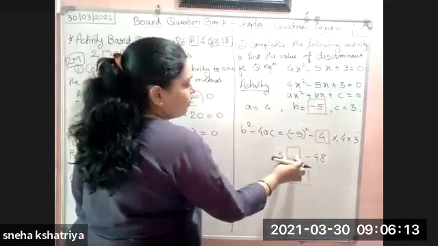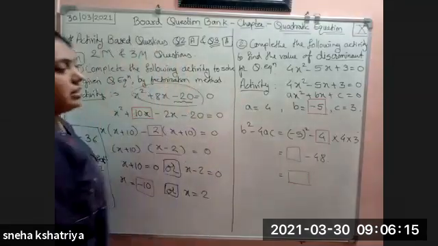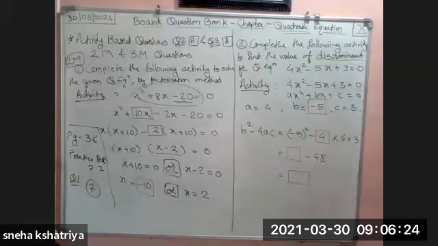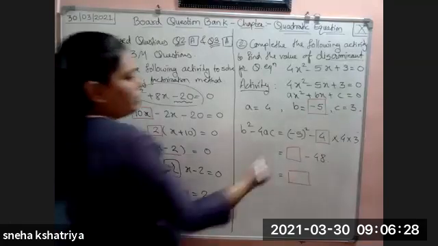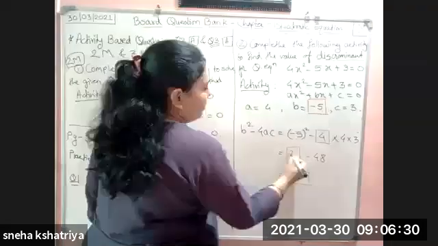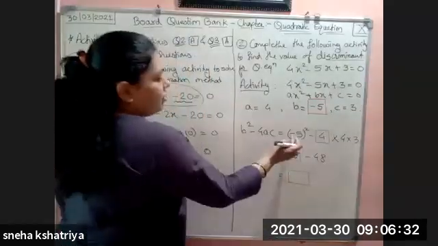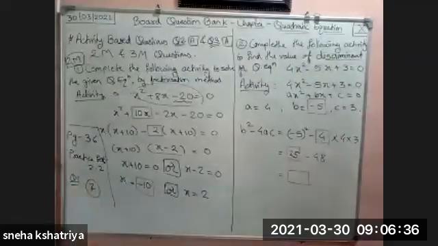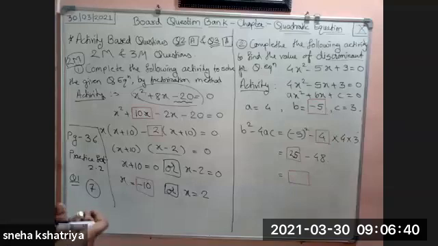Now in this box, what value will come? Minus 5 bracket square. The value of minus 5 bracket square is 25, because a minus square is positive. So the minus sign will be removed, and 5 square is 25. So simply 5 square will become 25, because the minus sign is absorbed whenever we take the square of it.